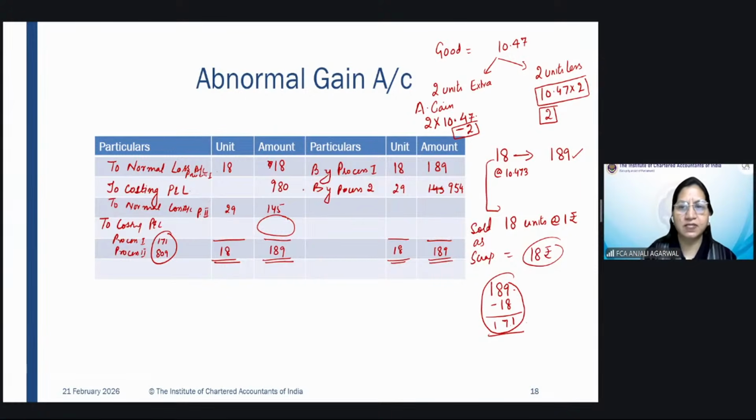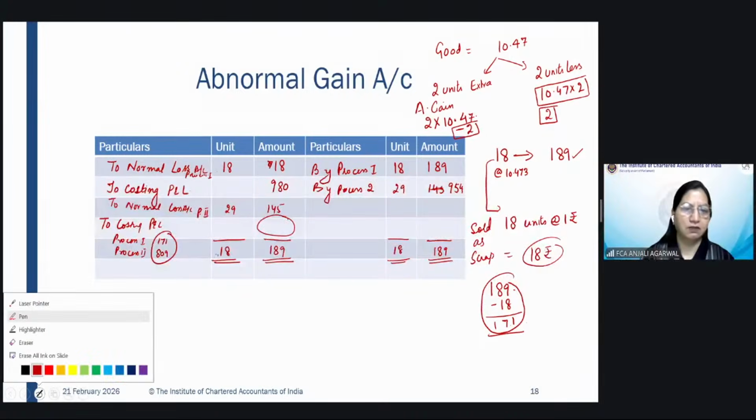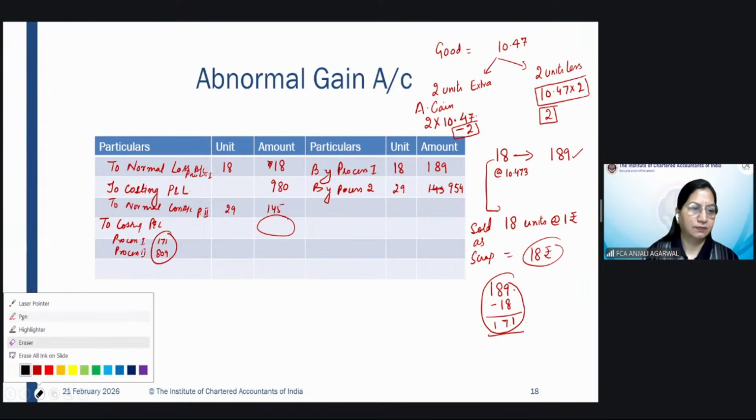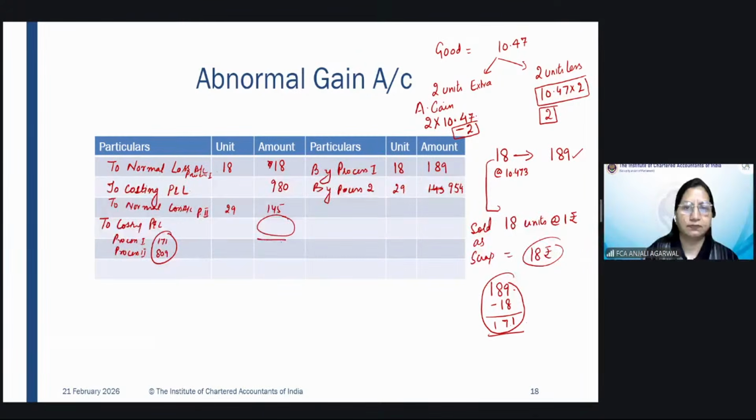But for your simplicity, I am suggesting that you keep the two accounts different, because it doesn't make sense to add up the units, though you can do that. So here you have 954 plus 189, consolidated 1143.